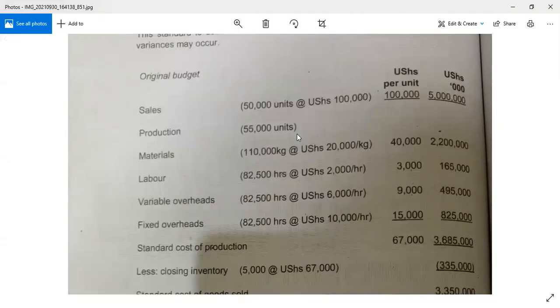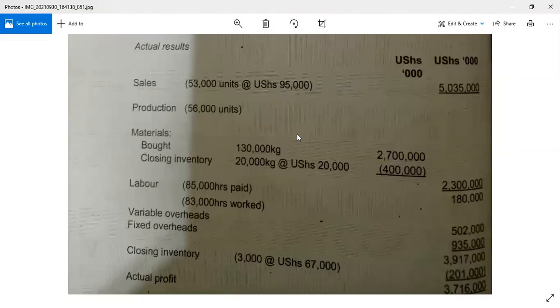Now the actual quantity that was sold is actually 53,000. If we are determining the selling price variance, we look at the difference between what the sales revenue should have been for the actual quantity and what it was.